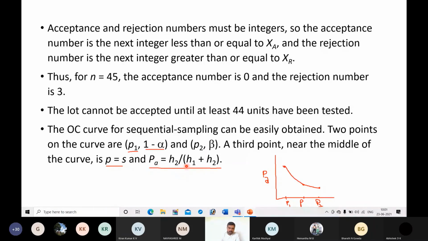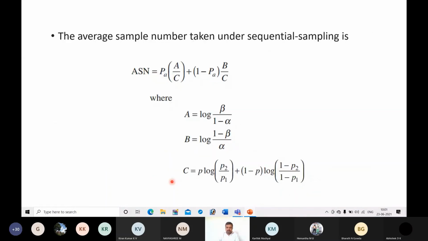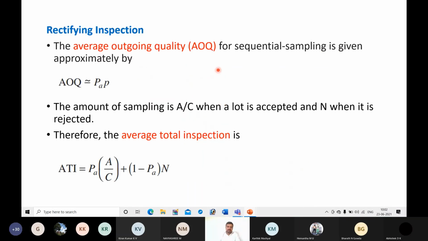Next, the average sample number taken under sequential sampling is given by these equations. Next, rectifying inspection. We already discussed rectifying inspection in detail. Rectifying inspection means that when you reject a lot, that lot will be subjected to 100% inspection and all the defectives in that lot are replaced by good ones.